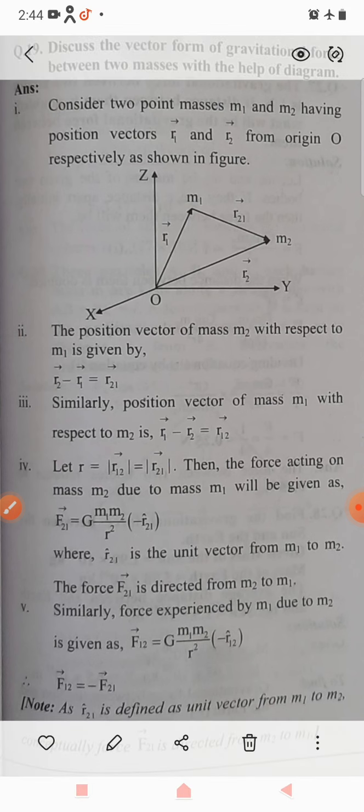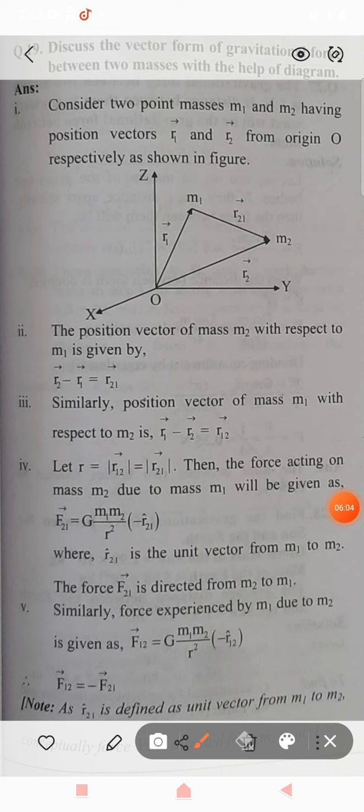So already we have studied the topics scalar and vector. In that we have got the idea of how to represent a vector. So consider two point masses m1 and m2 having the position vectors r1 and r2 from O respectively, as shown in the figure. So you can observe that from the origin it is r1 and this is r2.